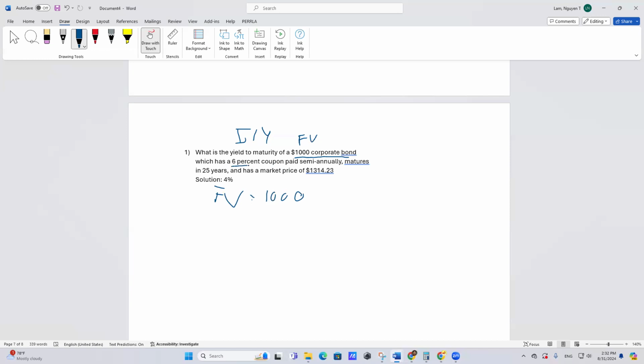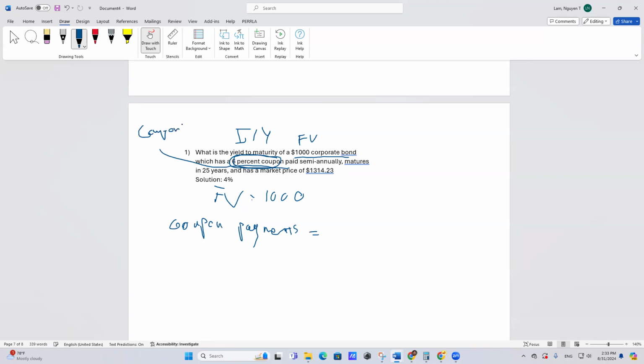Okay, 6% coupon. This one is talking about coupon rate, right? And let's see what the coupon payment is. To find a coupon payment, I talked about this in previous videos already, but I just want to make sure everyone got it: coupon payment is equal to coupon rate, which is 6%. 6% is called the coupon rate, okay?